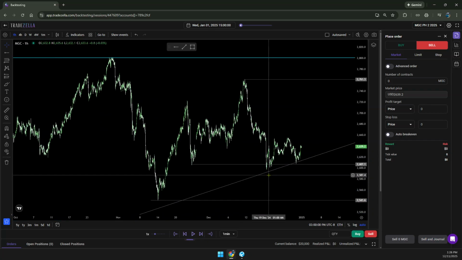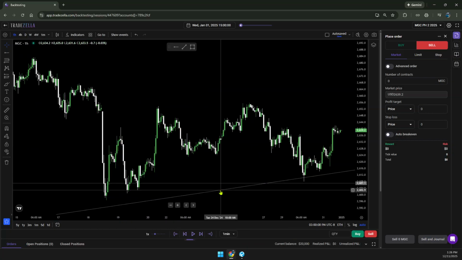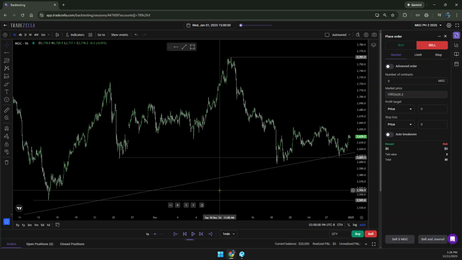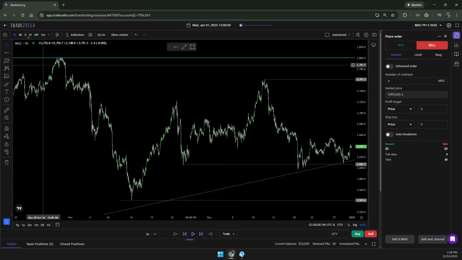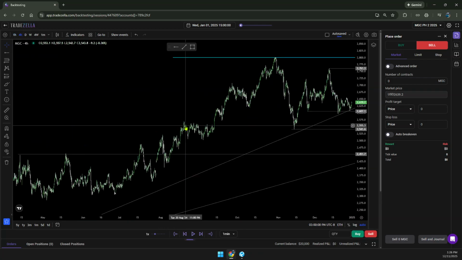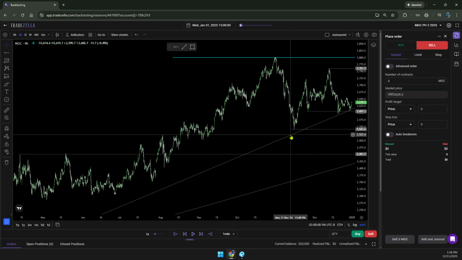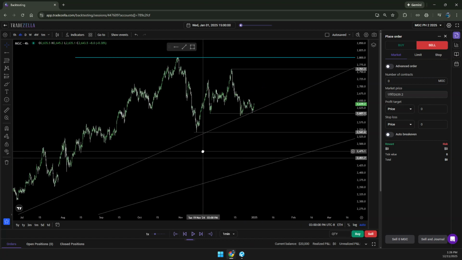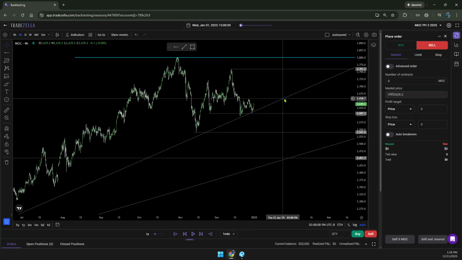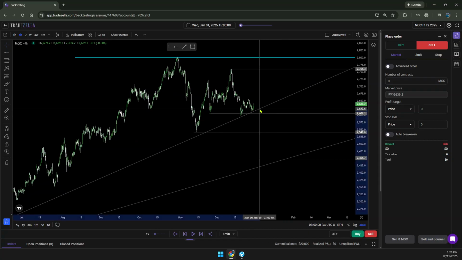Where's my little guy here? There he is, way out there. I needed to adjust that.